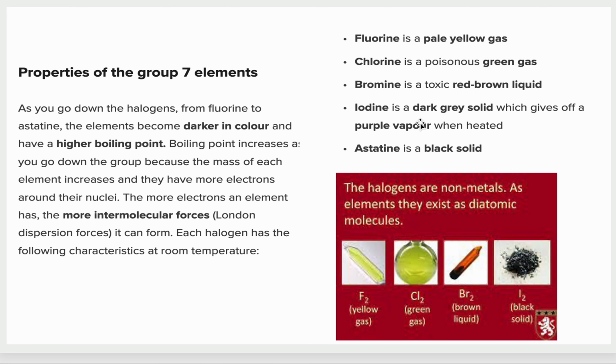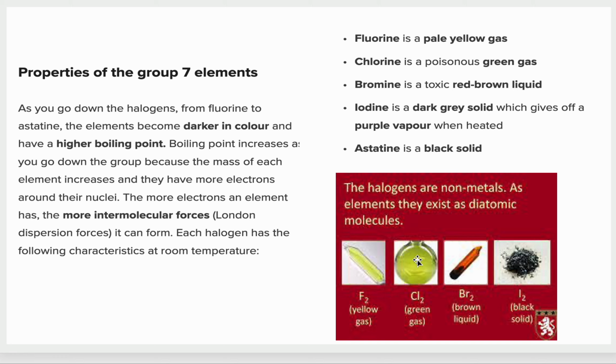So for these elements, let's take a look at some of the trends that we can see right here. As you go down the halogens group from fluorine to astatine, the elements become darker in color and have higher boiling points. For reference, fluorine, the most reactive of the halogens, is yellow.